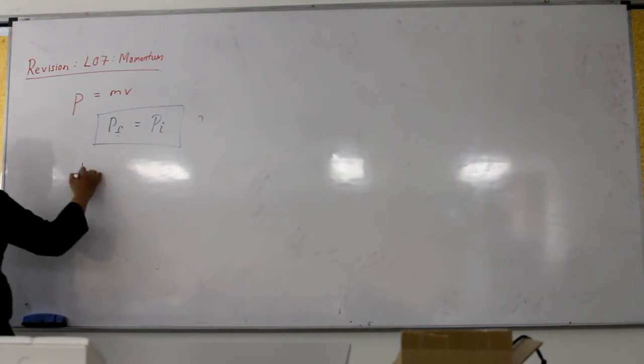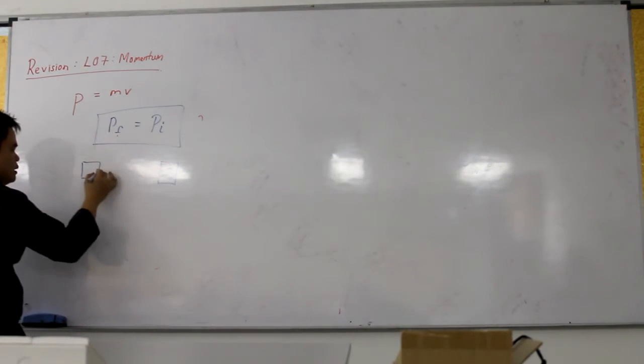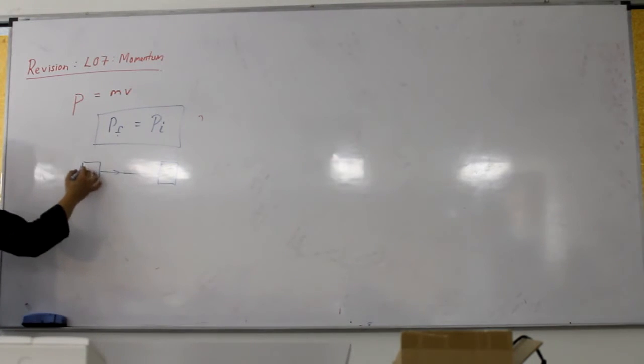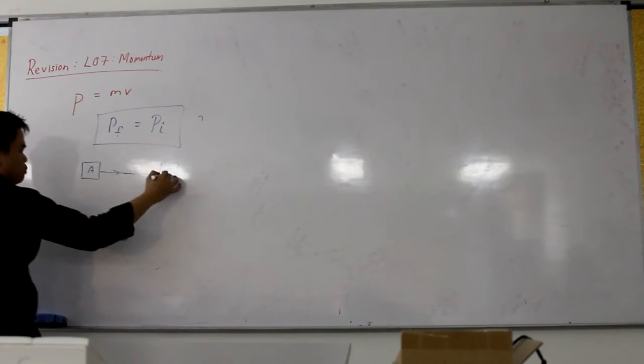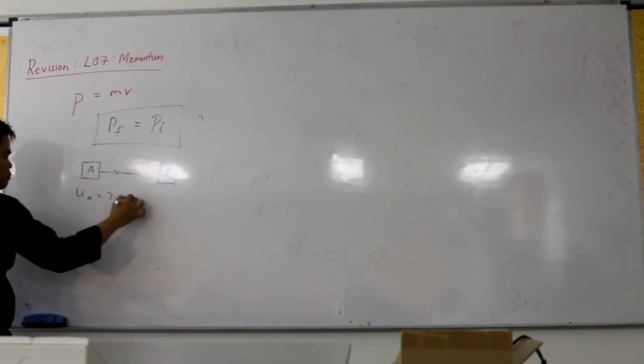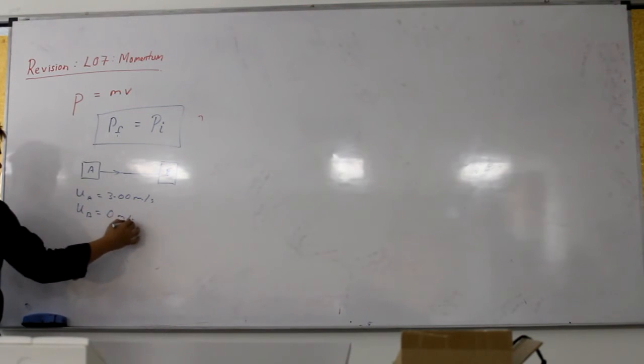On the other hand, let's say there's one block here, and another block here, and it hits it. Let's say this is A, this is B, and UA is 3.0 meter per second, whereas UB equal to 0 meter per second.